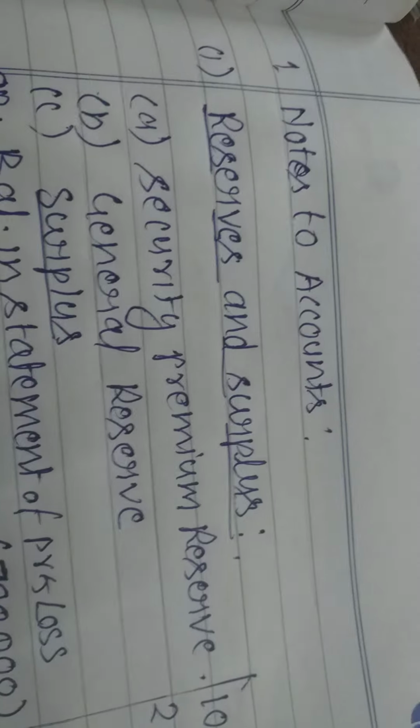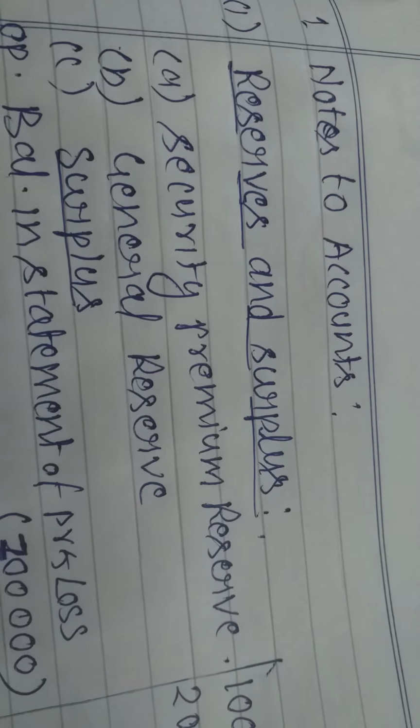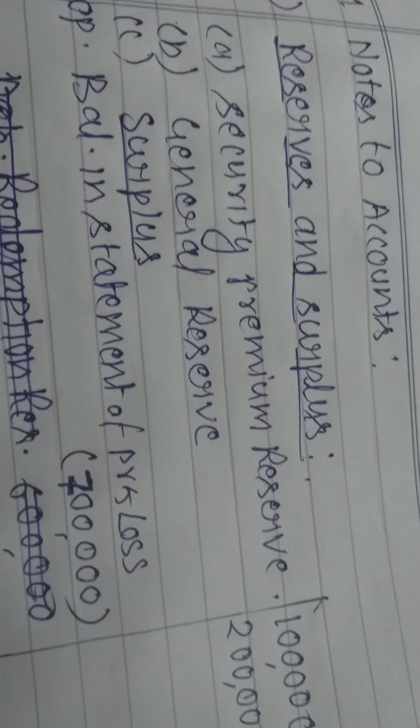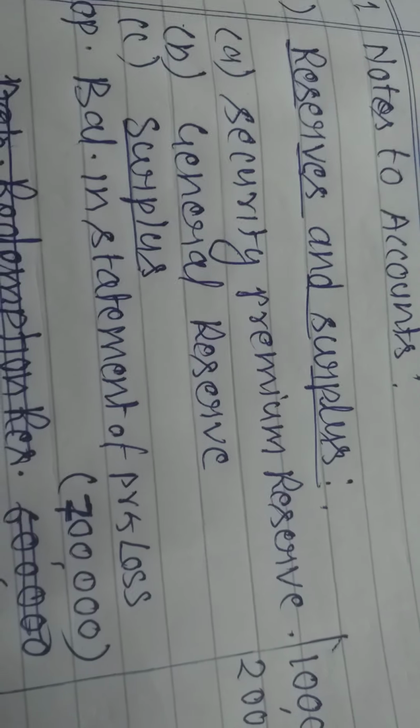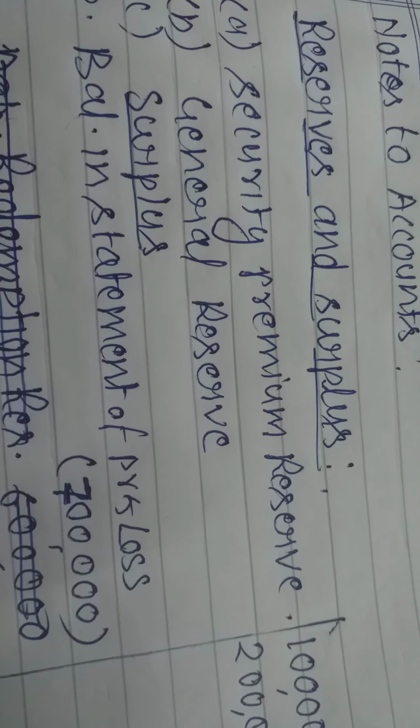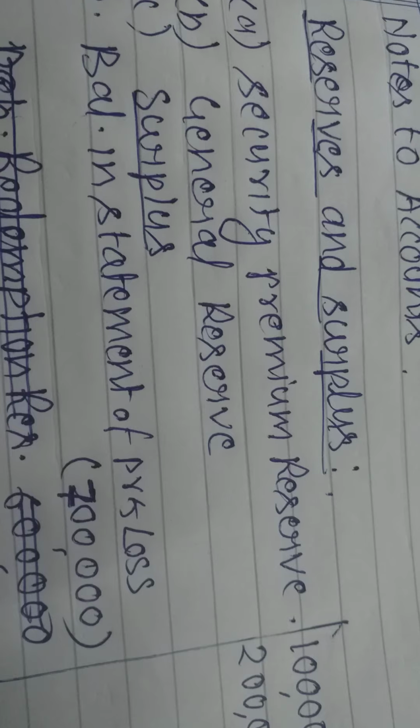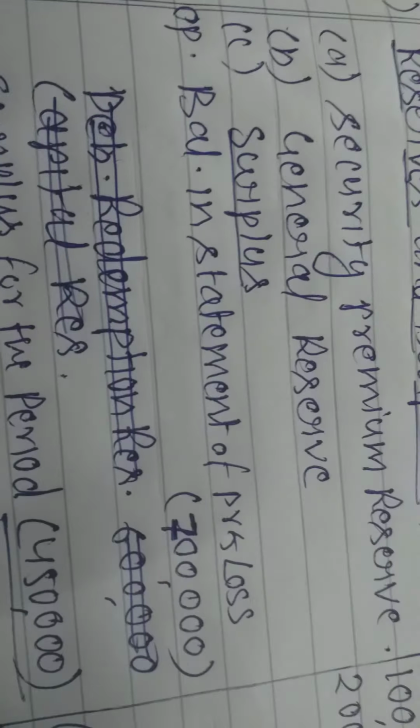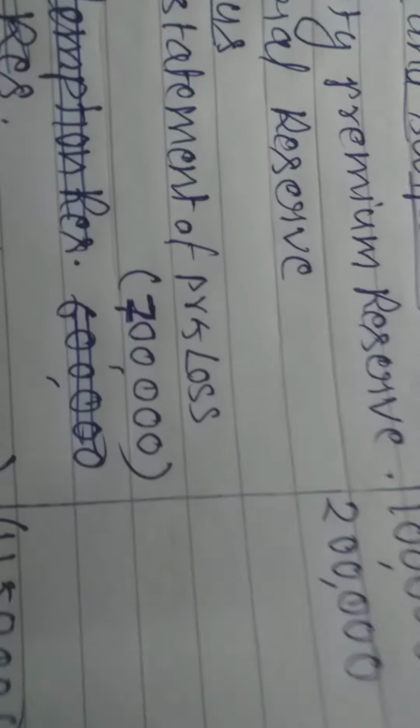Got it? Now, how do we get it through notes to account? This you have to understand. The main heading is reserves and surplus. First of all, we will take all the reserves. Security premium reserve, that is given in the question, rupees 1 lakh. General reserve, it is also given in the question, that is rupees 2 lakh.